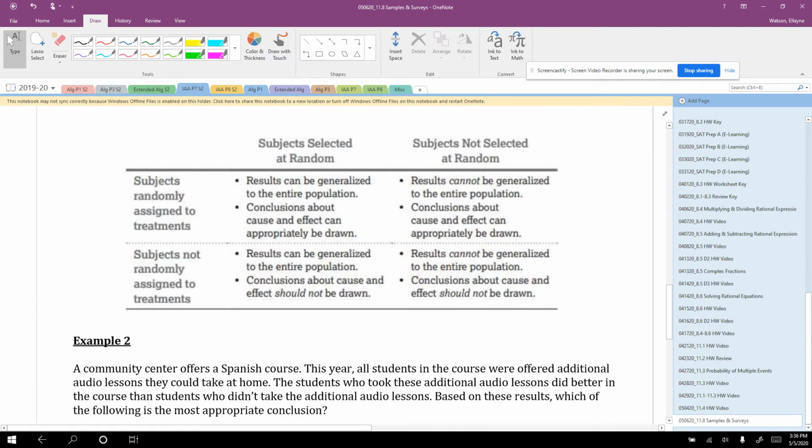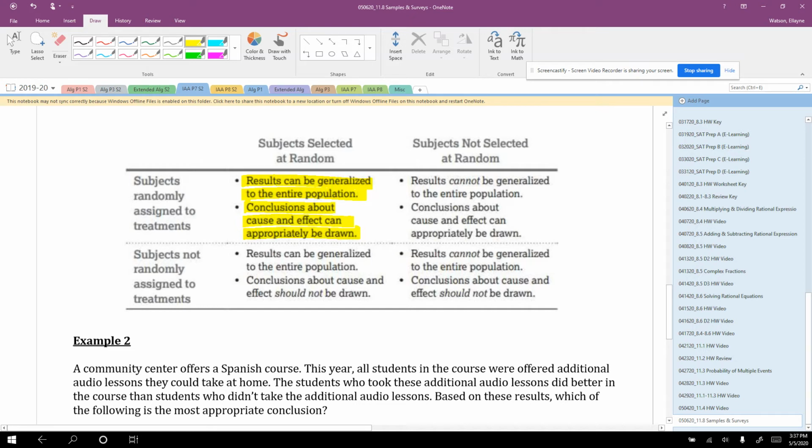So this is a nice little table. I'm not going to read it to you, but I do think that this is a nice little summary chart of the type of random sampling or randomly assigned to treatments and when you can or cannot make generalizations. So basically, right, results can be generalized to entire population. Conclusions about cause and effect can appropriately be drawn.